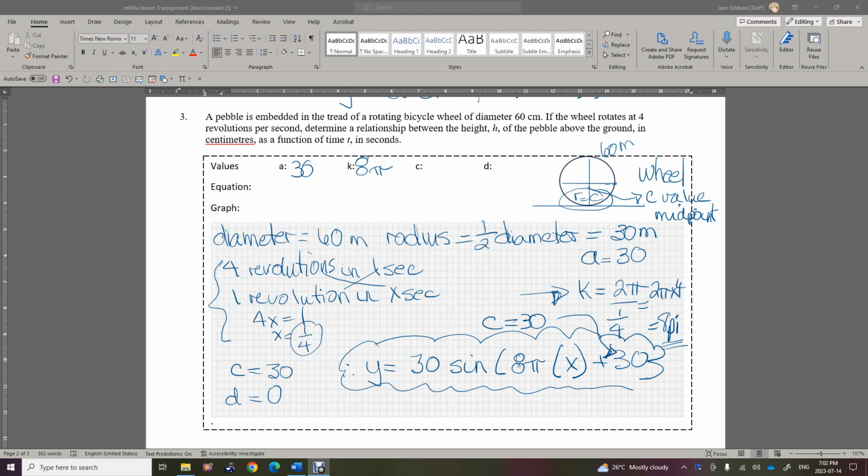If the diameter is 60, that means the radius, r, which gives us the C value, is going to be 30. The other thing we can get, the midpoint to the top is 1/2 of 60, so we know that A is also 30.